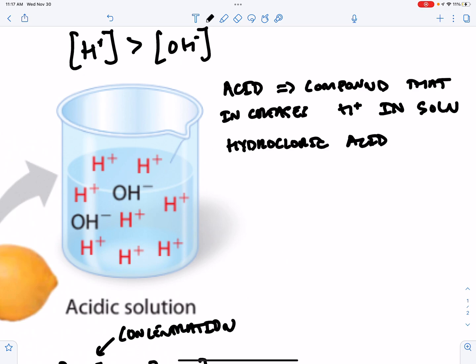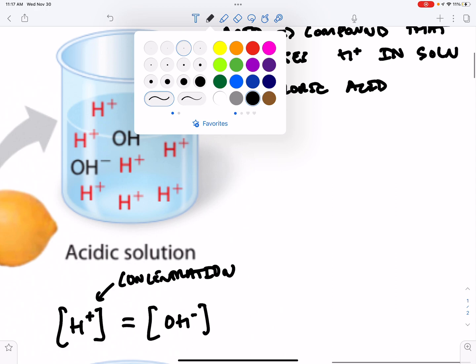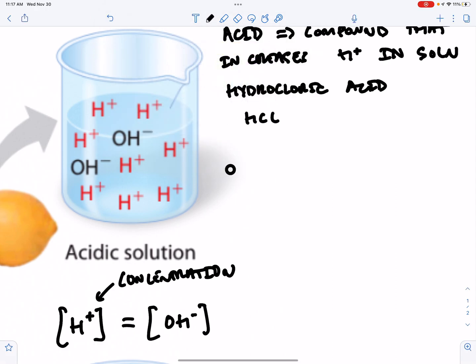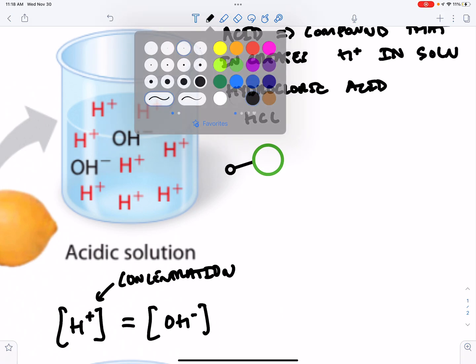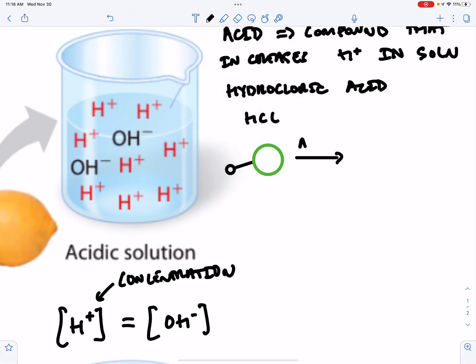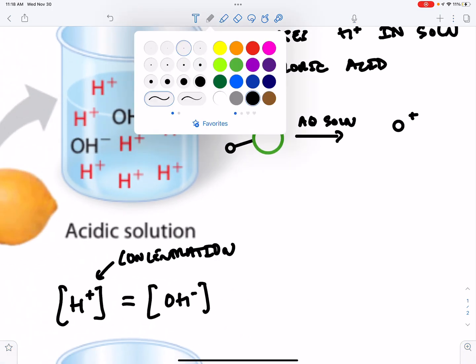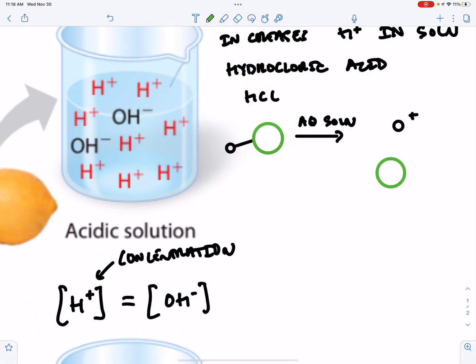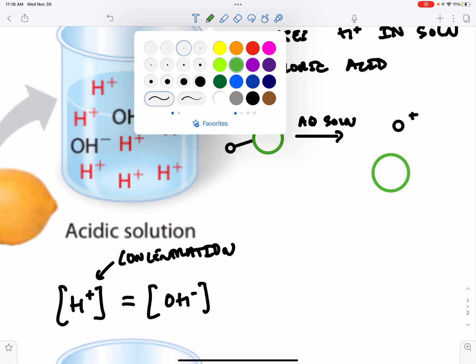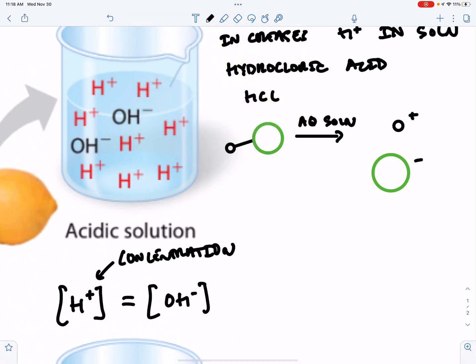The chemical formula for this is HCl, and the structure is an atom of hydrogen that is bonded to an atom of chloride. When you put this in a water solution, the hydrogen ion will break free from the chloride ion, and you'll be left with a chloride ion that has a negative charge and a hydrogen ion that has a positive charge.